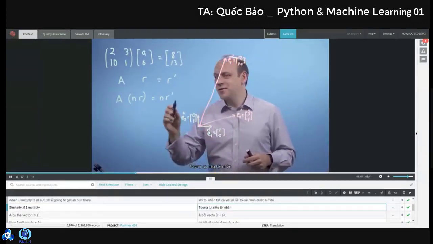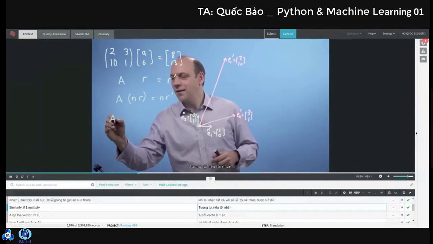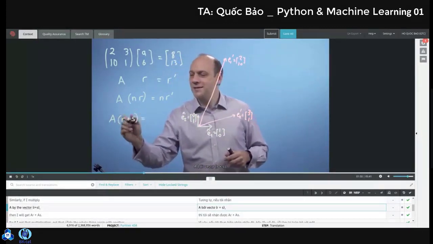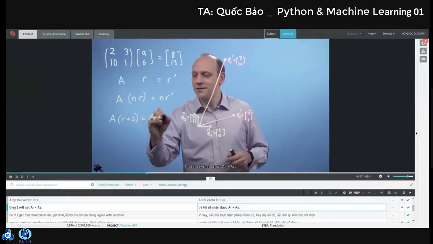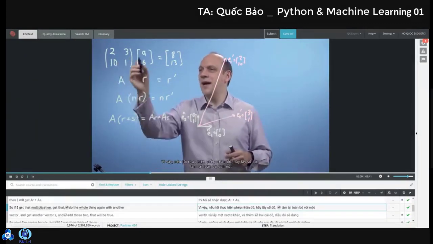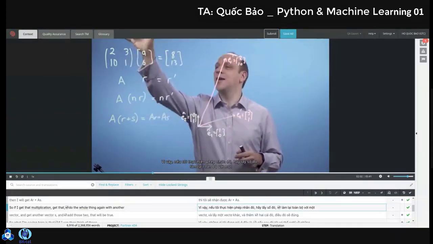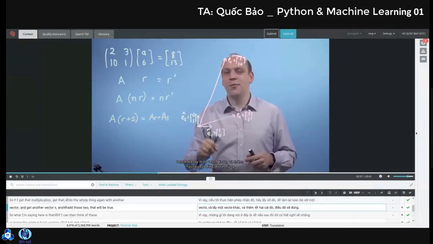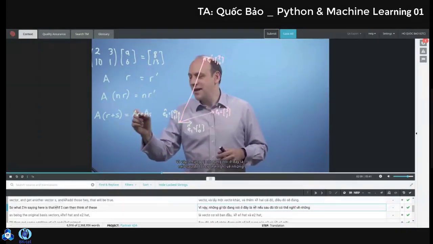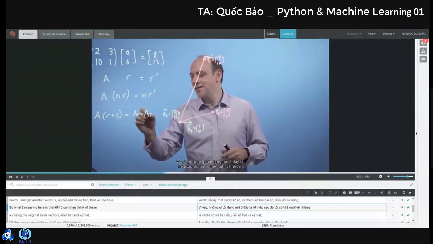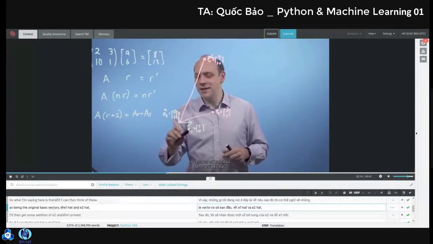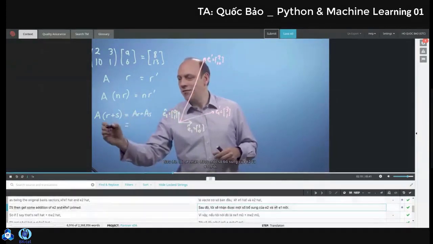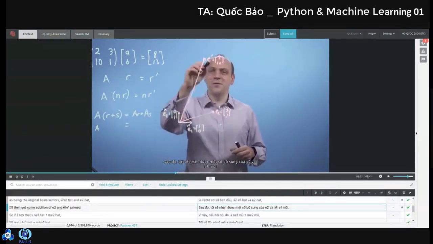Similarly, if I multiply A by the vector r plus s, then I will get A r plus A s. So if I get that multiplication, do the whole thing again with another vector s, and add those two, that will be true. So what I'm saying here is that if I think of these as being the original basis vectors, E1 hat and E2 hat, I'll then get some addition of E1 prime and E2 prime.